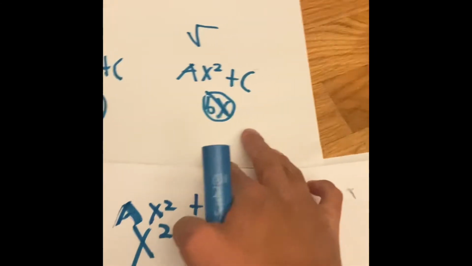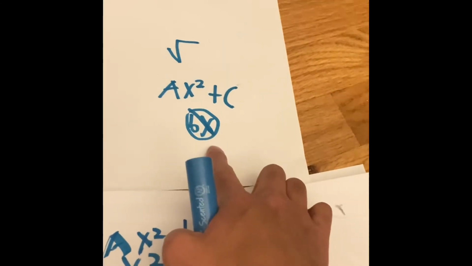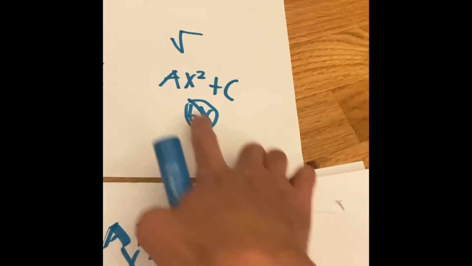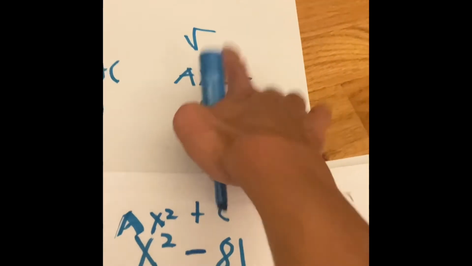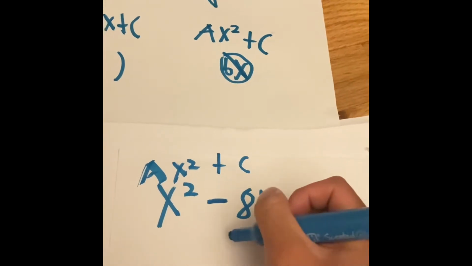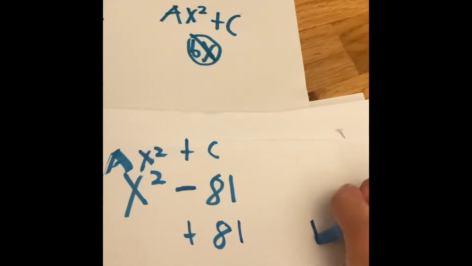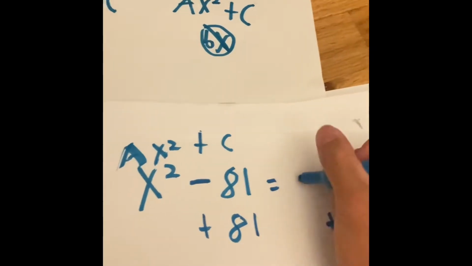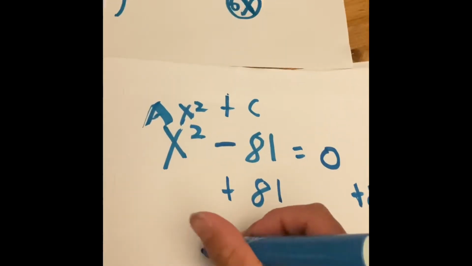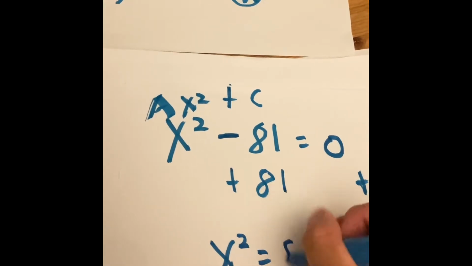So we pick the right method, using square roots. We add 81 to this side and add 81 to this side, because it's currently 0. Now we have x squared equals 81.